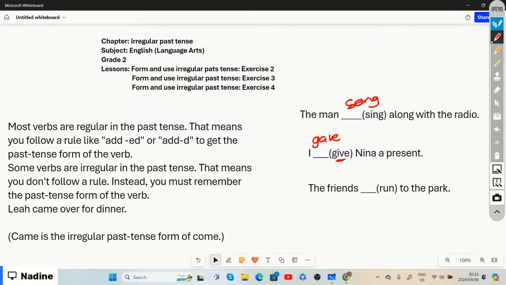We need to change the word run to an irregular past tense.